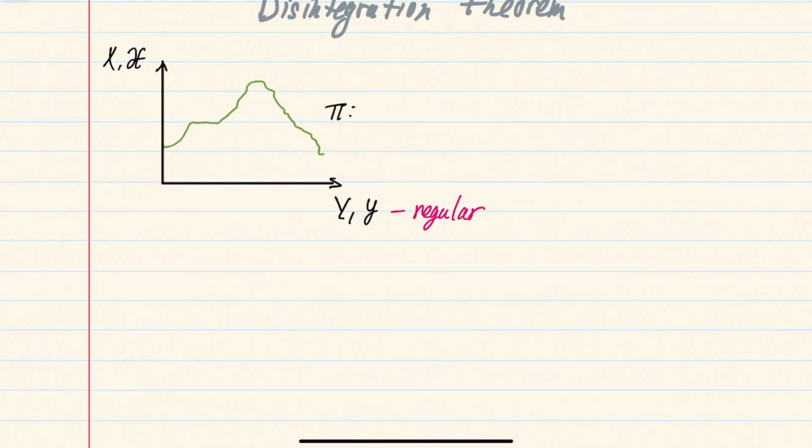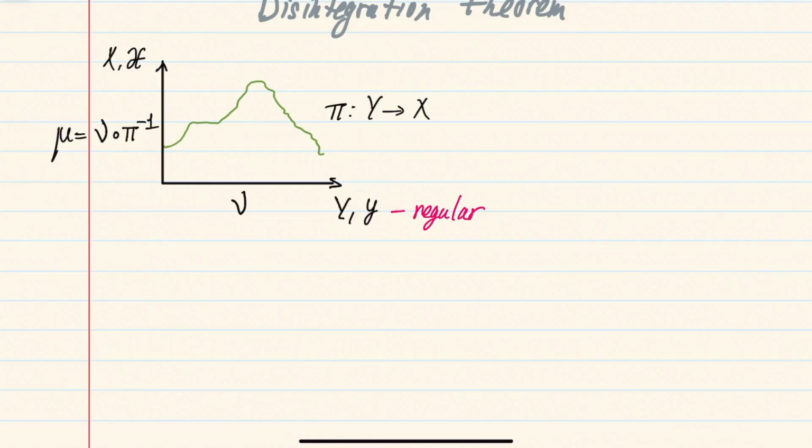So pi from y to x will be some measurable function. And we also consider some probability measure nu on the first coordinate y. And then we will denote by mu the image of this measure by this map. So mu will be just this measure nu pushed forward by this measurable function pi.